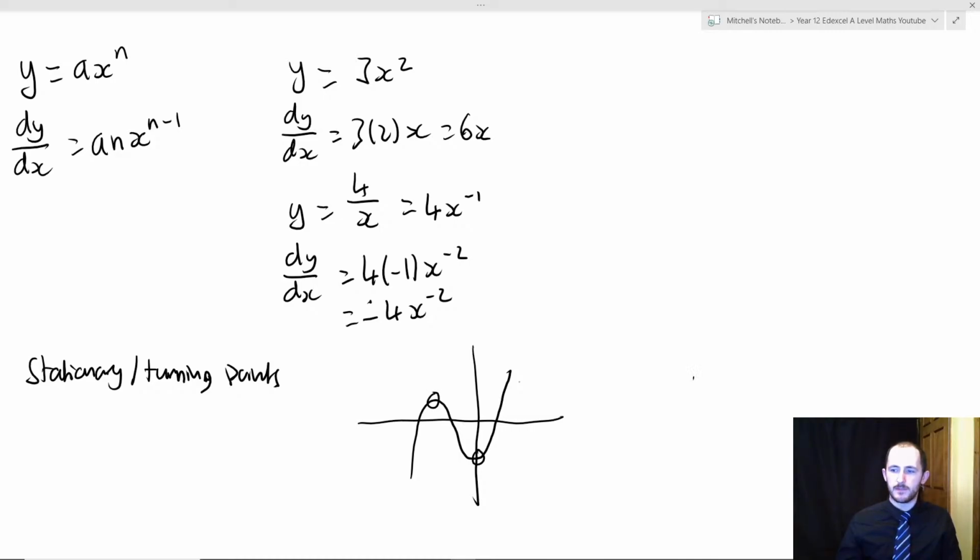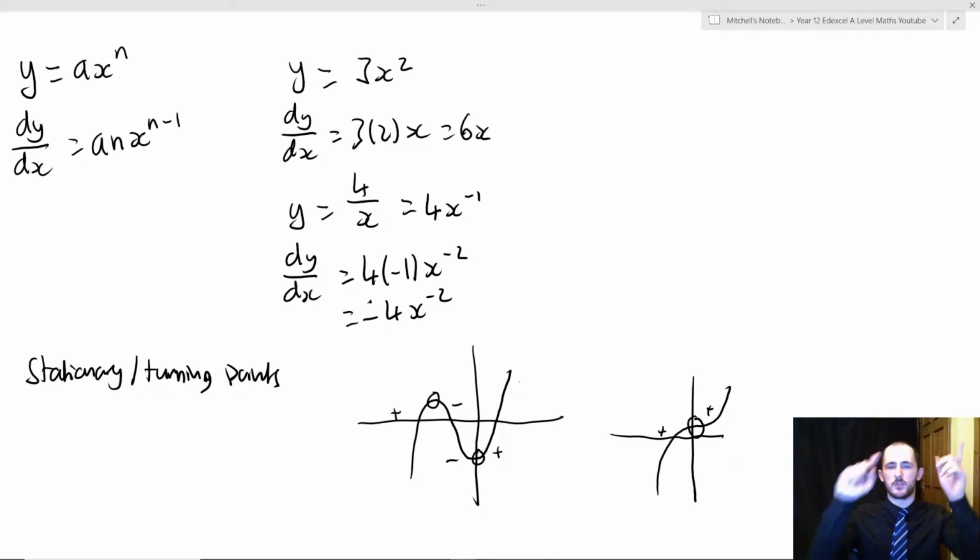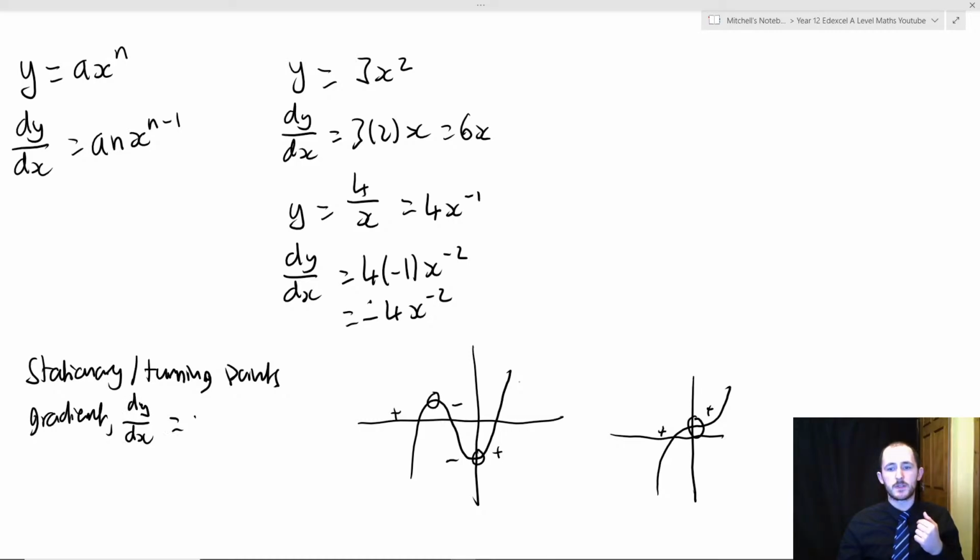You can also have one here. And what happens is that the graph here goes from a positive number to a negative to a positive, and then here it's also a positive to a positive. You can also have a negative to a negative, which would just be the same as this graph, but flipped around. And we call those stationary or turning points, because the gradient, which is in this case represented by dy by dx, is equal to 0. It becomes flat. Okay? So we also need to be able to evaluate stationary points.